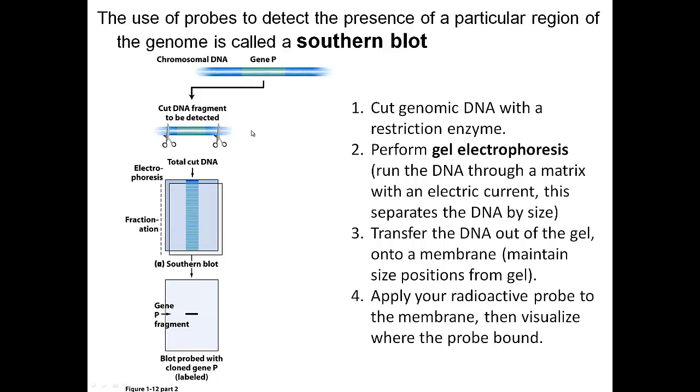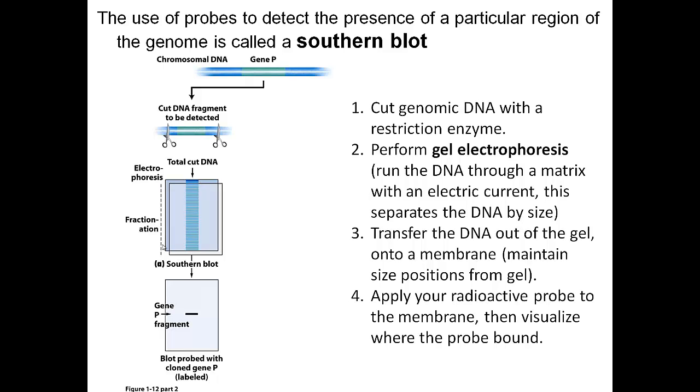Following that restriction enzyme digest, we would run that DNA, separate it by size by gel electrophoresis, and now we have lots of DNA bands at different sizes, with the largest pieces at the top and the smallest ones at the bottom. Following gel electrophoresis, we would then transfer that DNA from the gel onto a membrane.